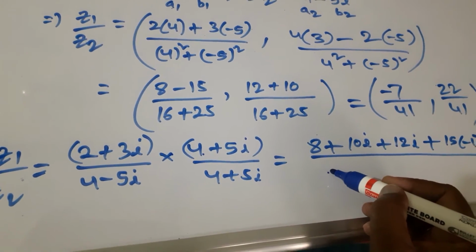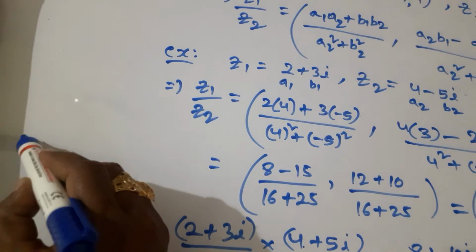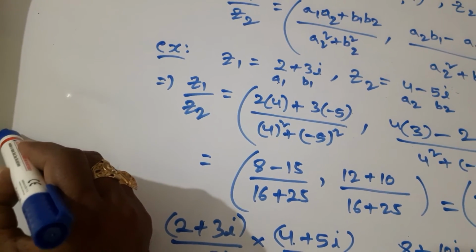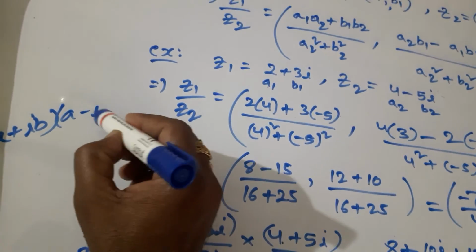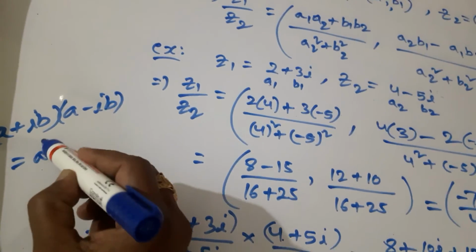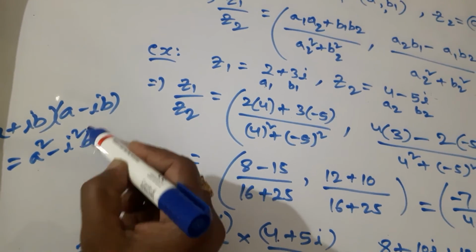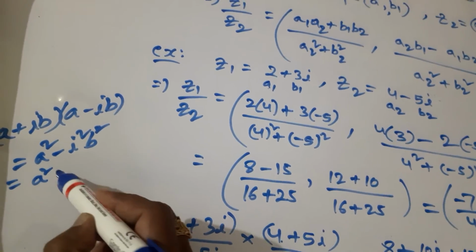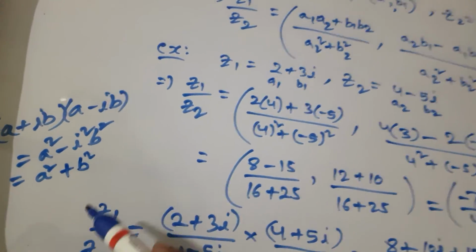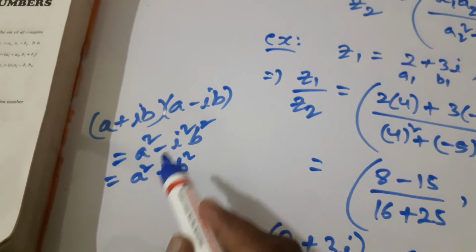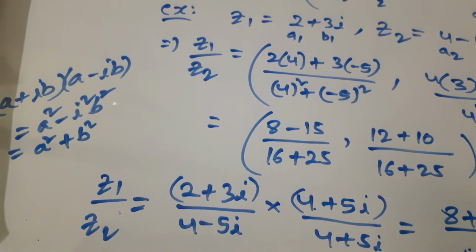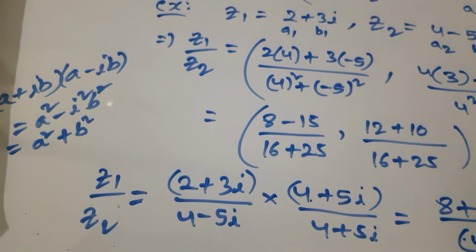We can apply one formula here: a plus ib into a minus ib equal to a square minus i square b square. That is nothing but a square plus b square you will get, because i square is equal to minus 1, minus into minus you will get plus only. So a square plus b square, here a value 4, 4 square plus 5 square.